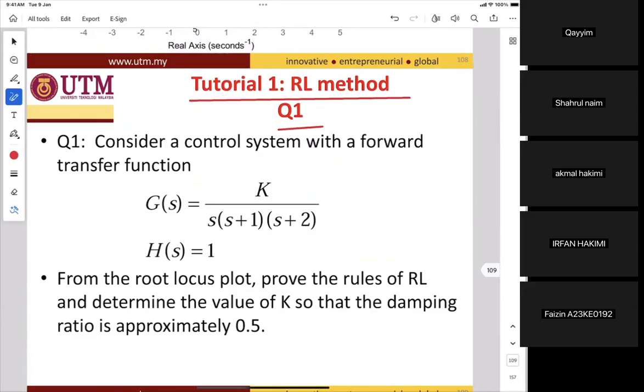From the locus, plot the root locus and determine the value of K so that the damping ratio is approximately 0.5.